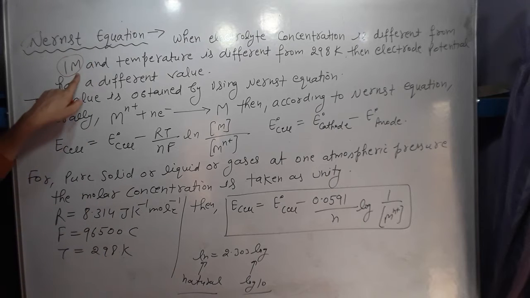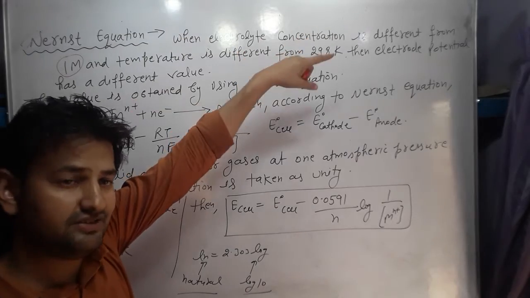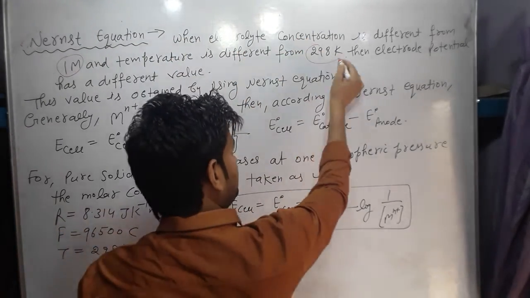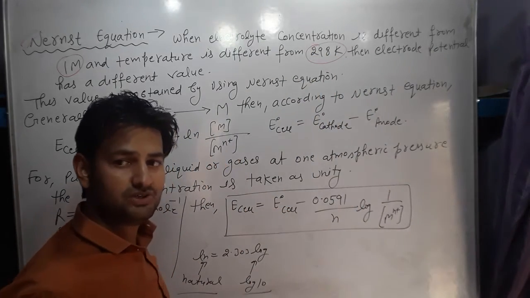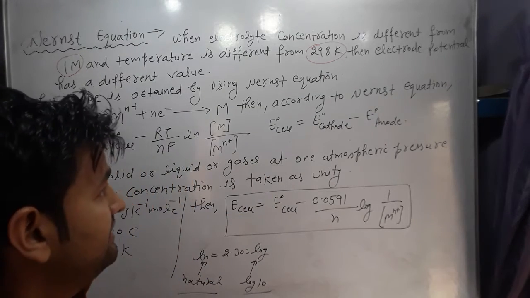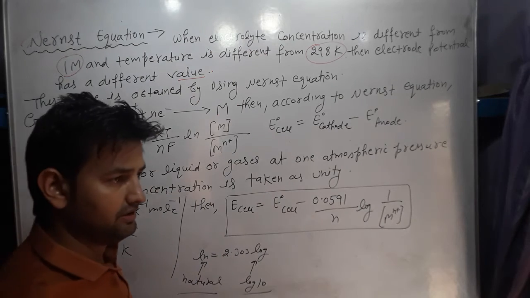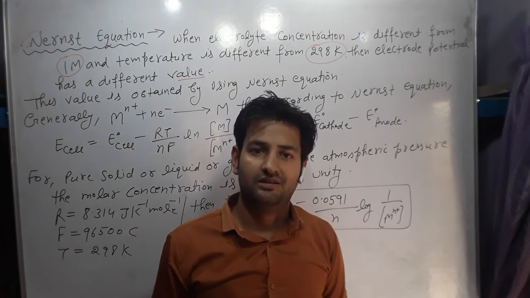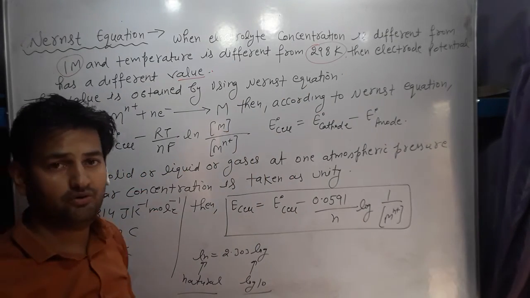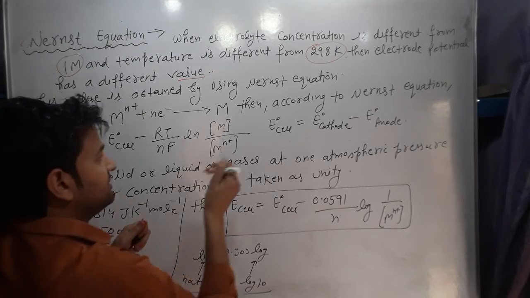In the standard condition we take the electrolyte concentration as 1 molar, and the standard temperature is 298 Kelvin. If the concentration of the electrolyte is different from 1 molar, or the temperature is different from the standard condition, then the electrode potential has a different value from the standard. This value is obtained by using the Nernst equation.